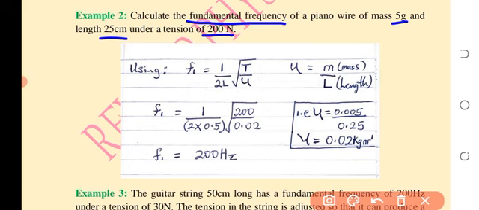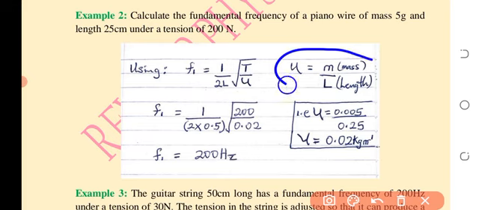Like I said, this is the relationship between the frequency, tension, length, and mass per unit length of a vibrating string. So we can substitute all the values given into this formula, and we are going to arrive at the answer. Using these parameters, we first calculated mass per unit length using this formula, which is represented with mu, and that is what we did here.